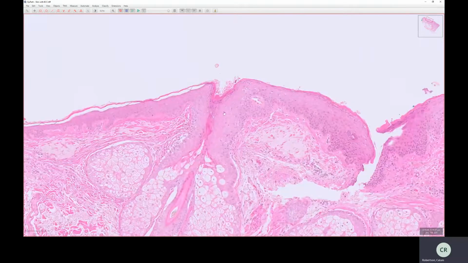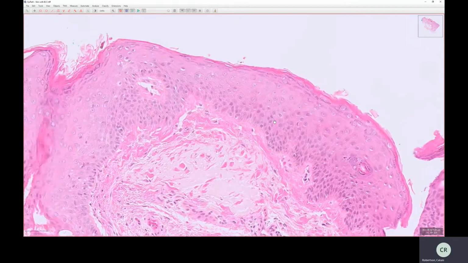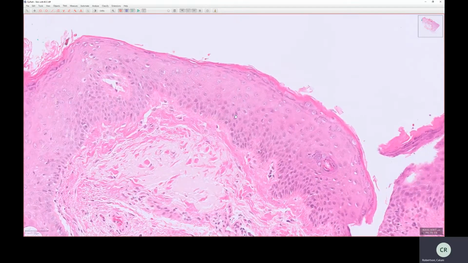So if we look at the epidermis, first of all, we'll focus on this area here because I think it probably illustrates the layers of the epidermis most clearly. So we'll start at the bottom here. So we've got different layers. The name for the bottom layer is the stratum basale, and that is just the single layer right at the bottom of the epidermis, just above the junction between the dermis and the epidermis, and that's where replication happens.